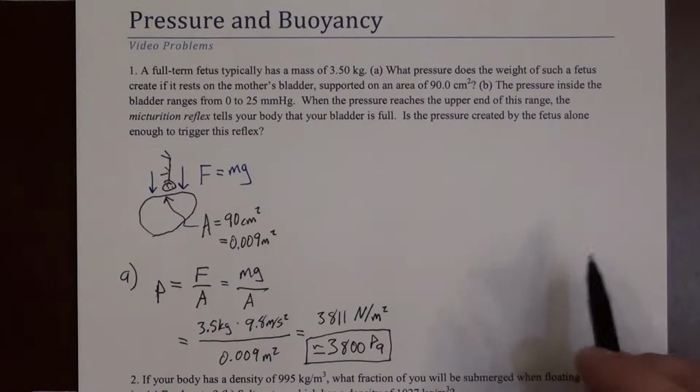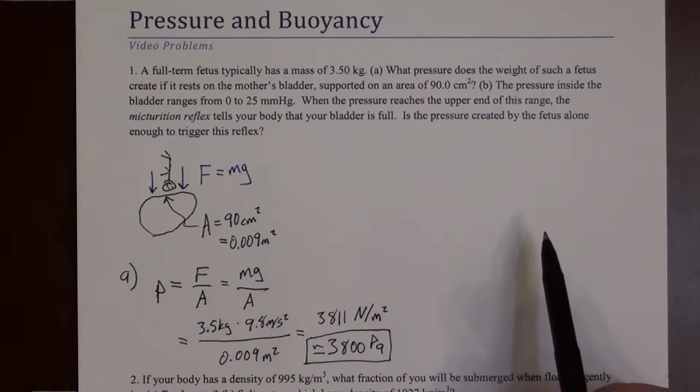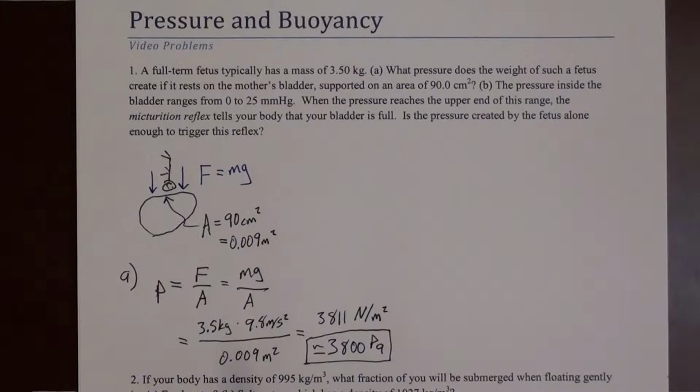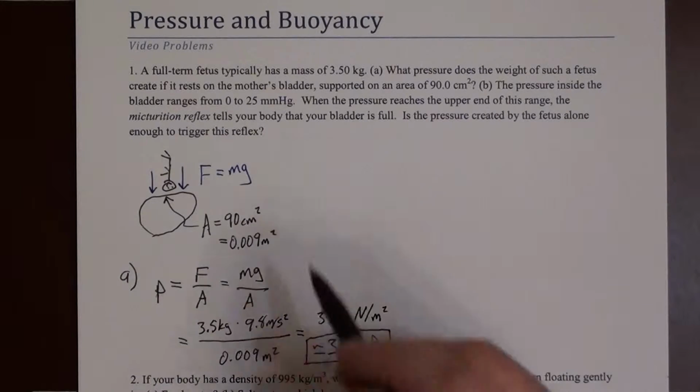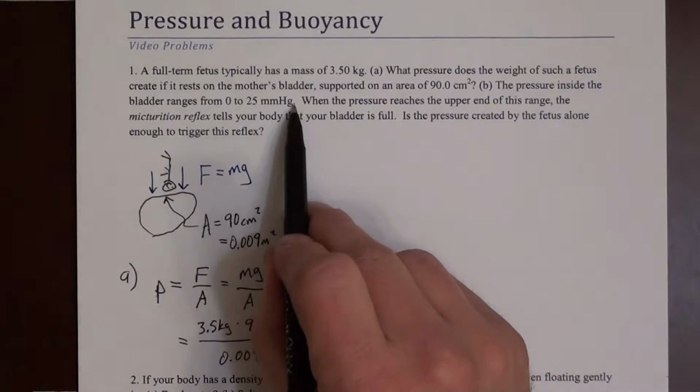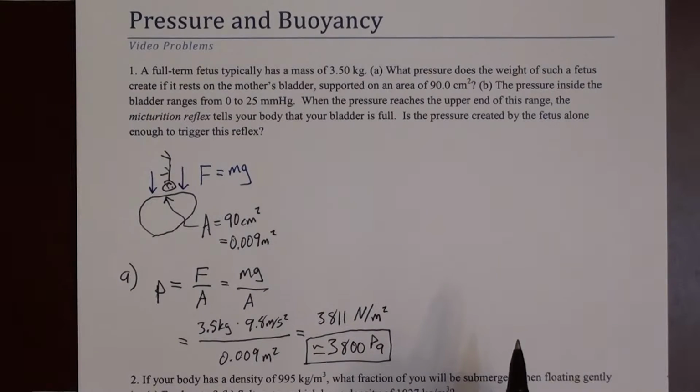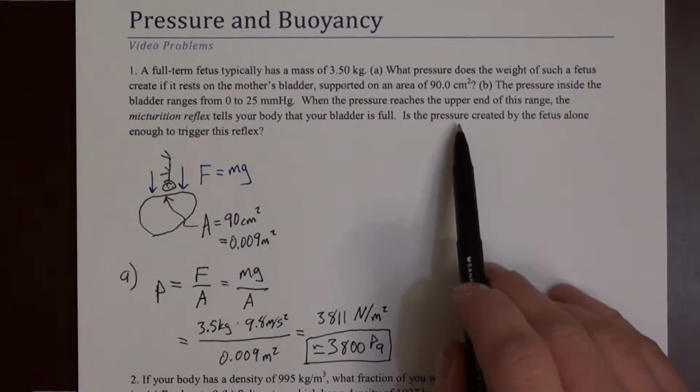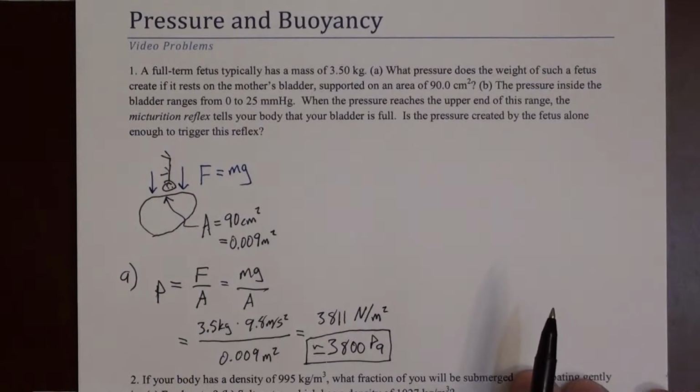So the second part of this question informs us that pressures inside a bladder typically range from 0 to 25 millimeters of mercury. So millimeters of mercury is another unit for pressure. When the pressure reaches the upper end of this range, there's a reflex in your body that tells you that your bladder is full.